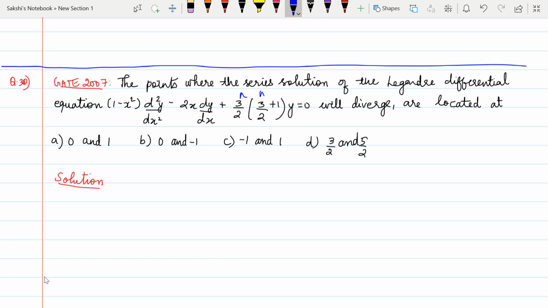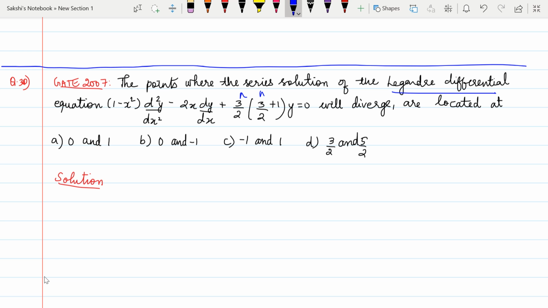If you read the question, it is a very simple question, you don't have to work out at all. They have given what kind of differential equation it is, so you don't have to identify it. We have to find the points where the series solution of this Legendre differential equation will diverge.